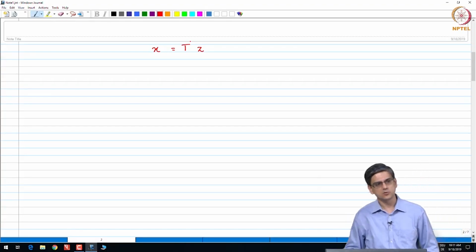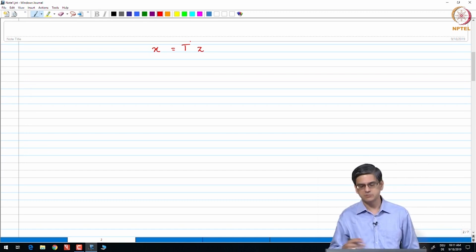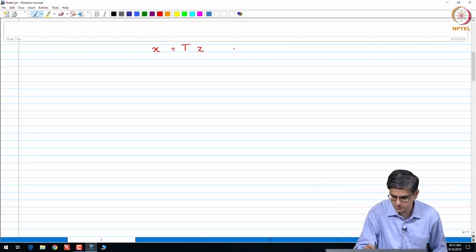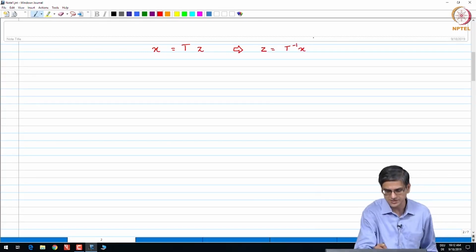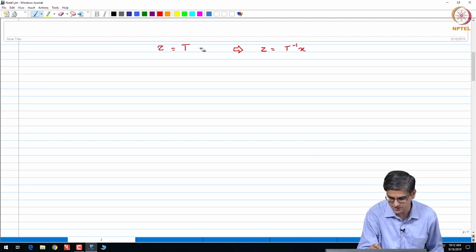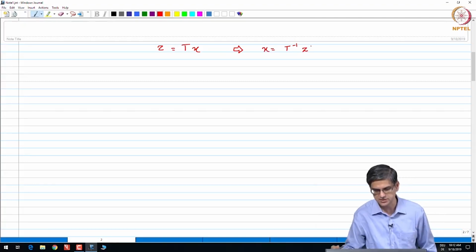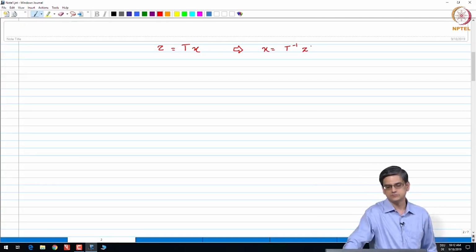So, we had talked about representing a coordinate transformation as a matrix multiplication, right. So, which this simply means that we can write z equal to T inverse x, oh sorry, z equal to Tx. So, we can write x equal to T inverse z, okay.